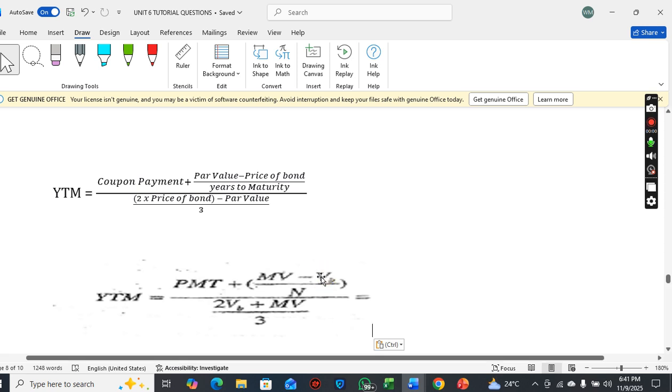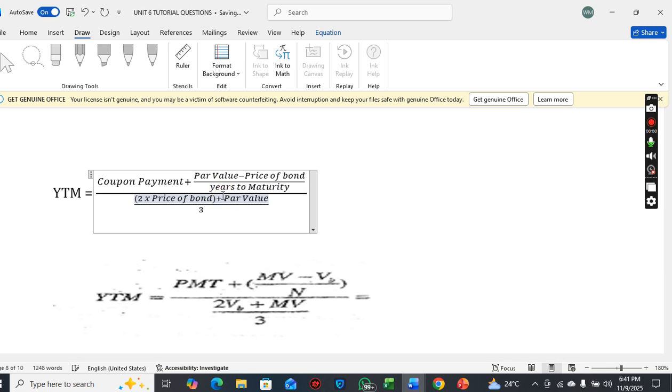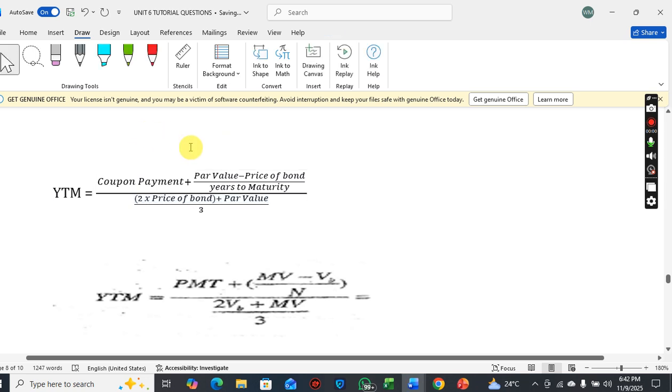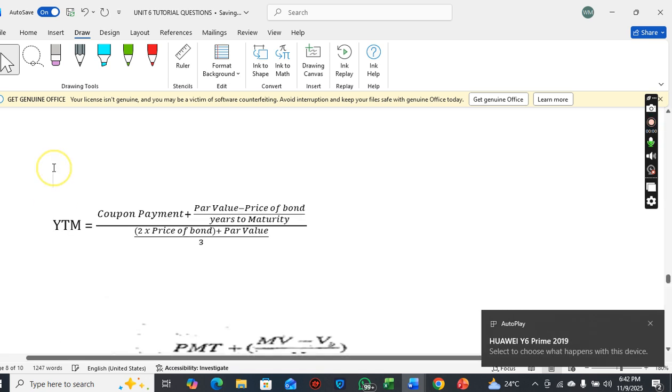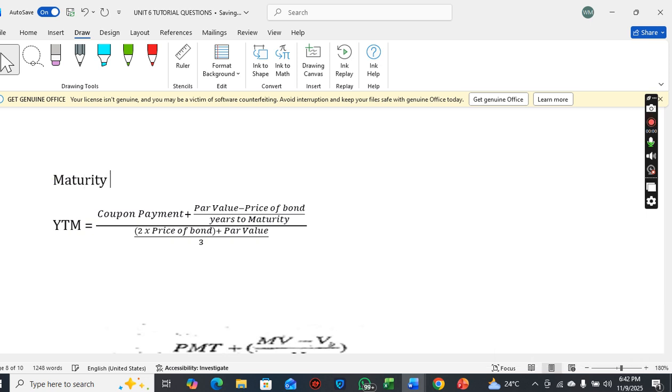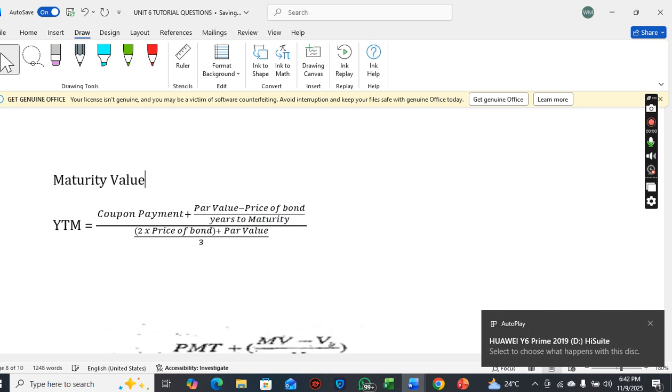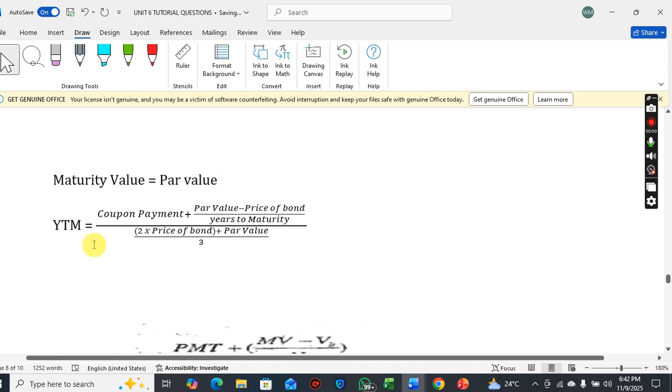VB is the price of the bond. N is the years to maturity. 2 times VB, 2 times the price of the bond. Oh, it's plus here, not minus. Plus the maturity value or par value. Let me put this here so that when you study these notes, you won't get confused. MV, which is the maturity value, is also equal to the par value.